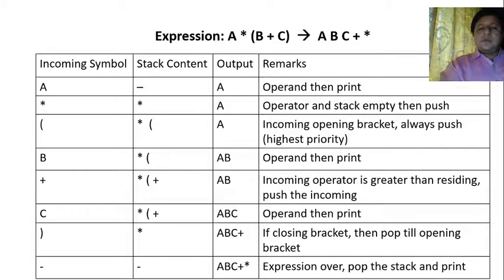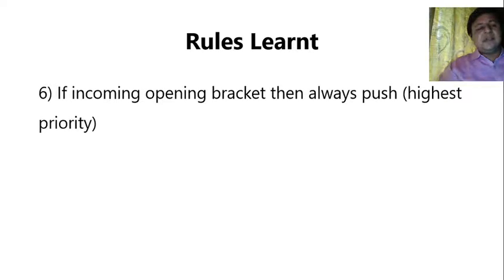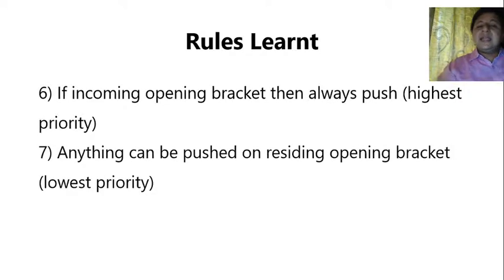Fine. So here we got some more rules. Let us now see what rules we've learned by this particular expression. First one is, if incoming is an opening bracket, then always push, as I said, highest priority. Then can we say anything can be pushed on a residing opening bracket? Yes, because it has got the lowest priority. So if a residing opening bracket is there on the stack, anything that comes will always be higher than that, so it will be pushed.